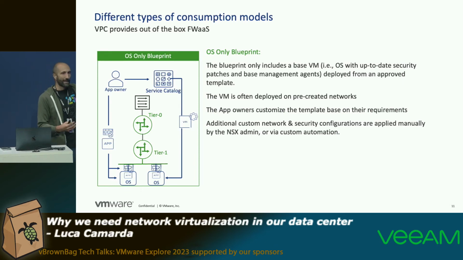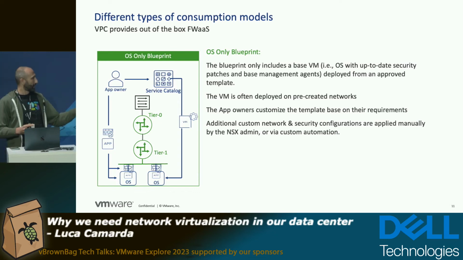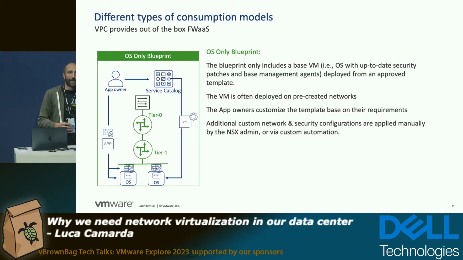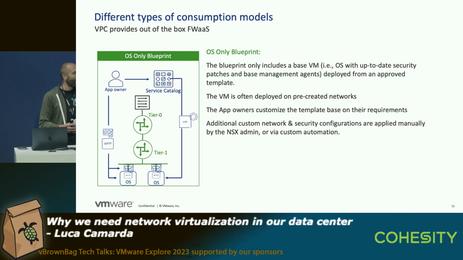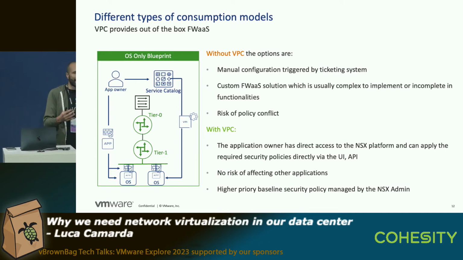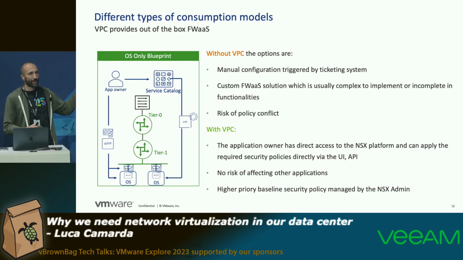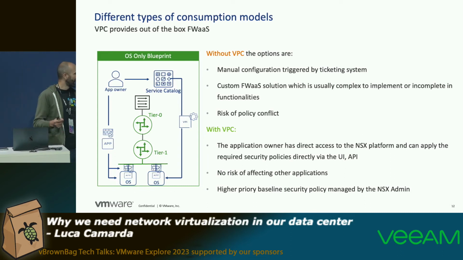Of course, you will provide some higher level policies that baseline the security policies, so maybe you don't give them access to the most critical systems, but at the more granular level, you can fundamentally provide a firewall as a service solution out of the box. So without VPC, this was really hard. Our customers would spend a lot of time creating custom automation to provide a custom firewall as a service solution. With VPC, we can do security out of the box in a self-service way.